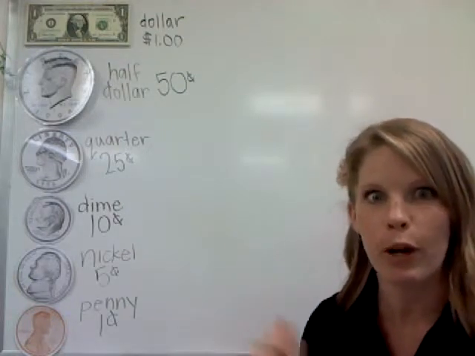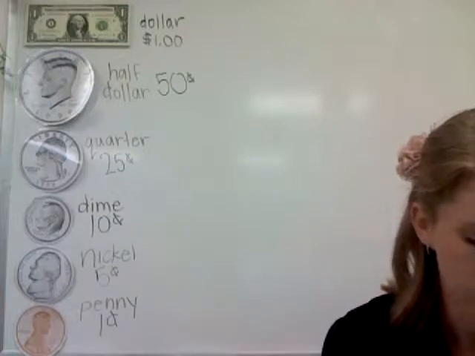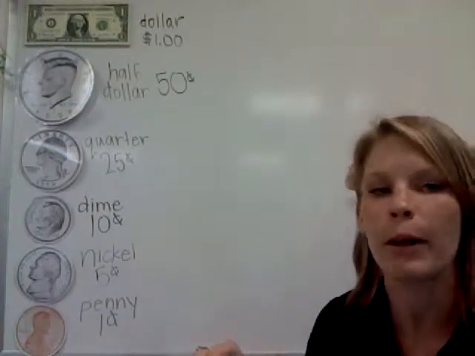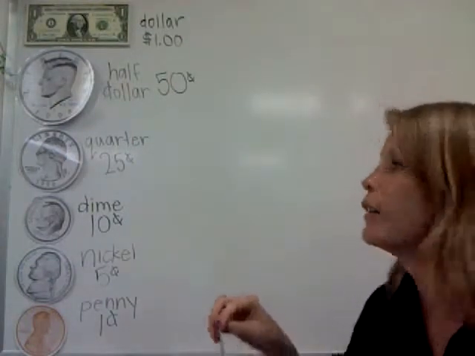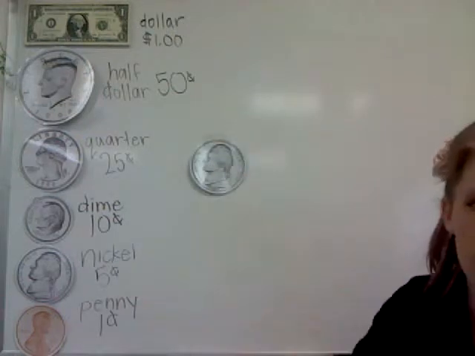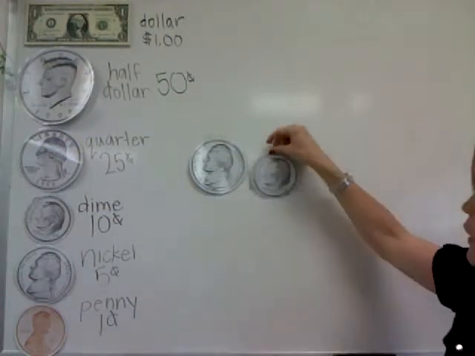First, I'm going to put up a bunch of coins. You're going to help me on this one, and I'm going to pop off the screen so we can use the board. So here are all my coins.